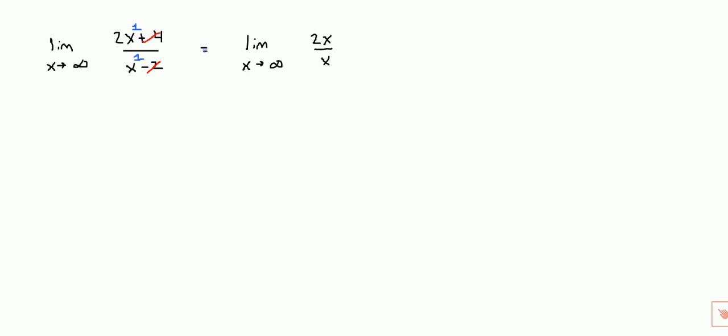I would write equals limit as x approaches infinity of 2x over x, because these things are equal, right? So then this is the limit as x approaches infinity of just 2, right? These x's cancel.